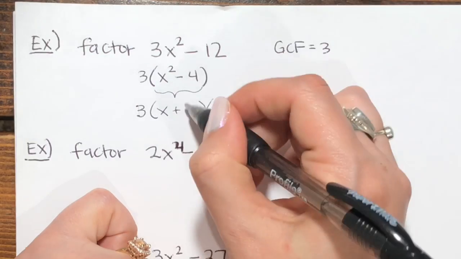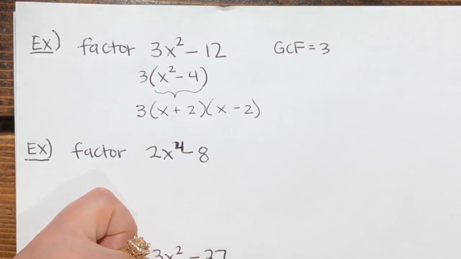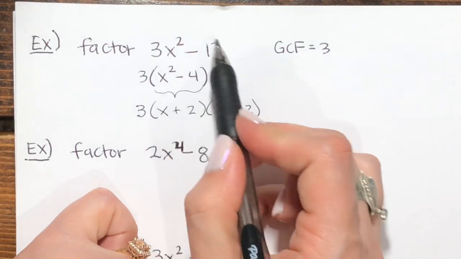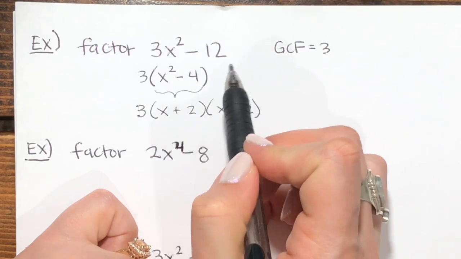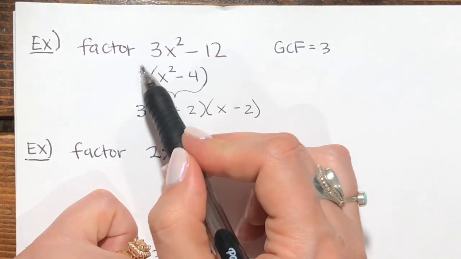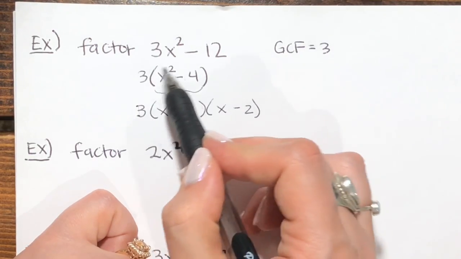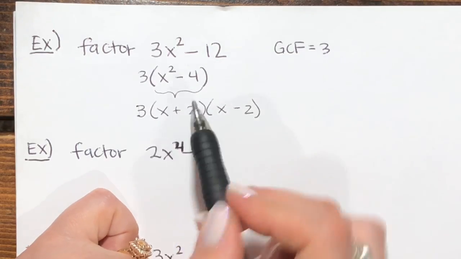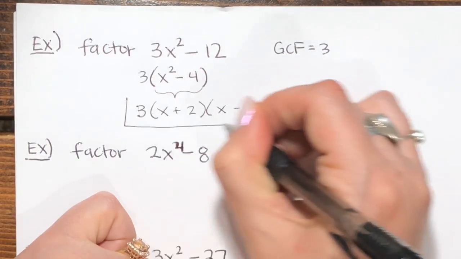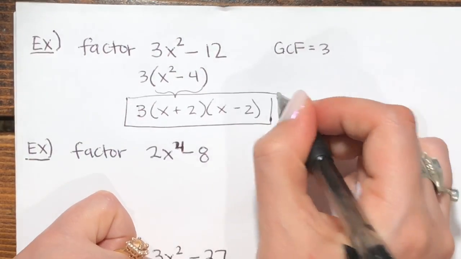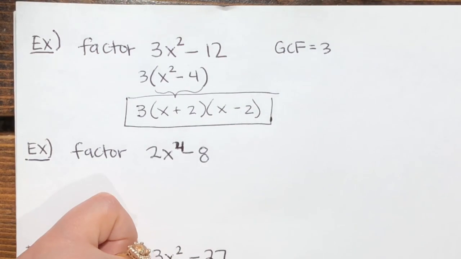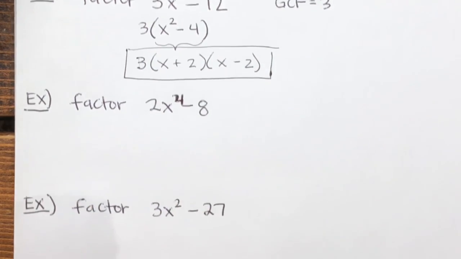The square root of 4 is 2. So you'll run into ones like this where maybe you can't do the difference of squares shortcut initially, but if you factor out a common factor, then it will work and you can break down and finish it from there. Just make sure when you do this that you don't forget to write the common factor in the front in your answer, because then you'll get it wrong.